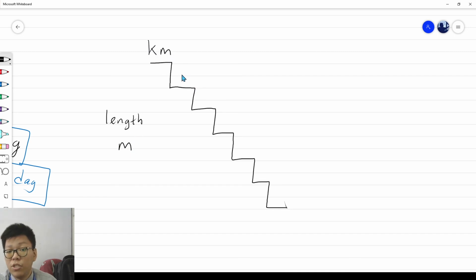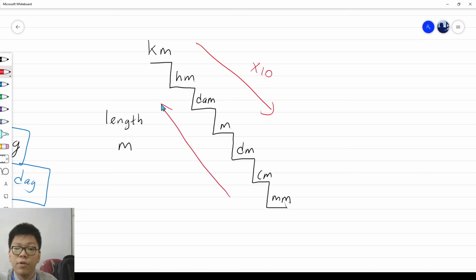So this one is kilometer, hectometer, decameter, this one will be meter, this one will be decimeter, centimeter, and last will be millimeter. Okay, it will be the same. If going down, it will be times by 10. If going up, it will be divided by 10.